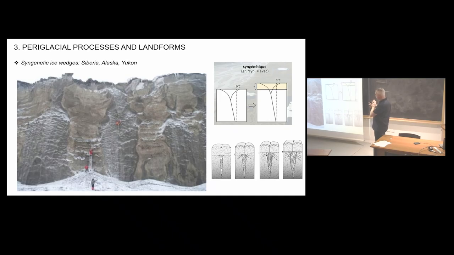So this kind of deposit, we find it in many places: Russia, Siberia, northern Canada, Alaska. These are areas that were not glaciated during the last glacial maximum.